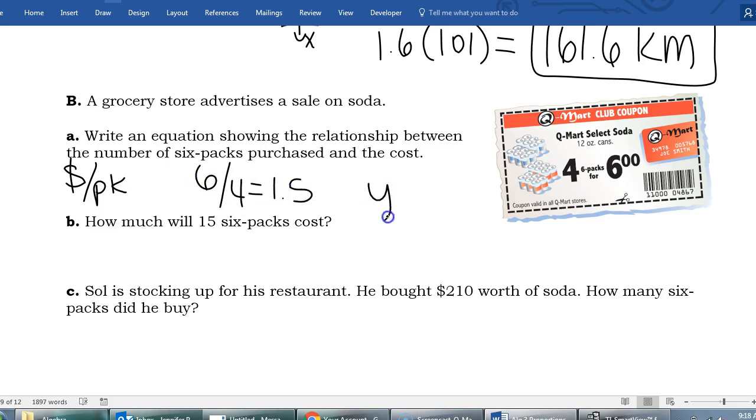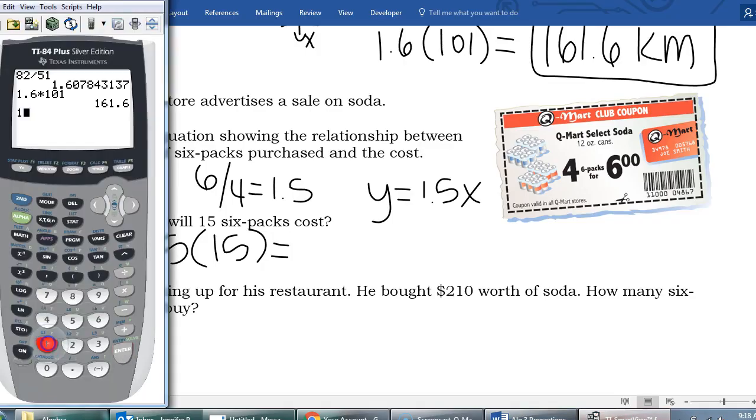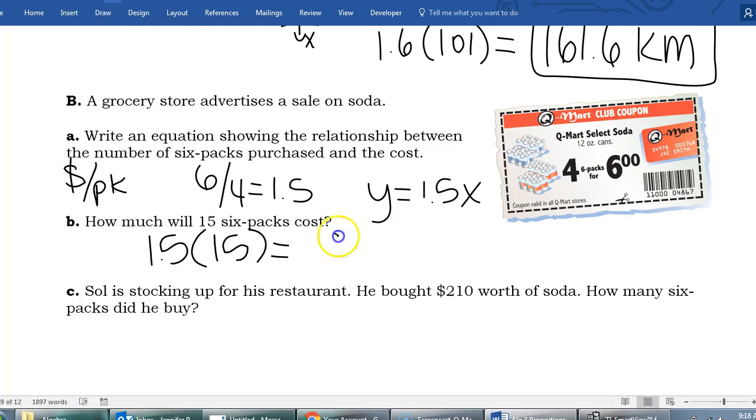So my equation is y equals 1.5x. How much will 15 6-packs cost? We're going to substitute 15 in for the value of x. So we need 1.5 times 15. And I get $22.50.